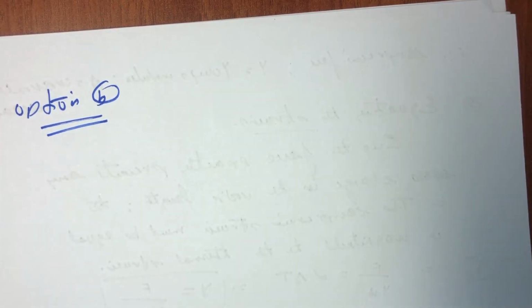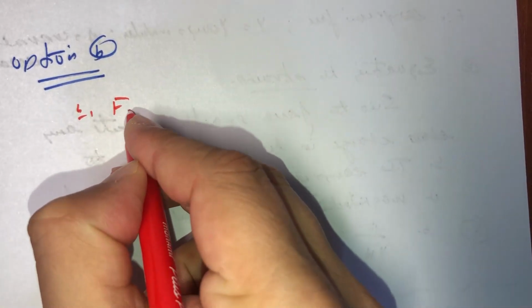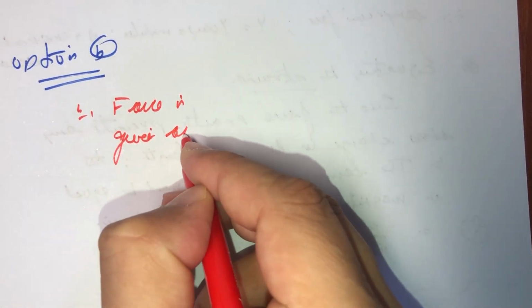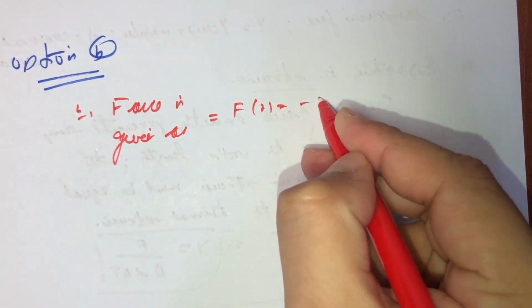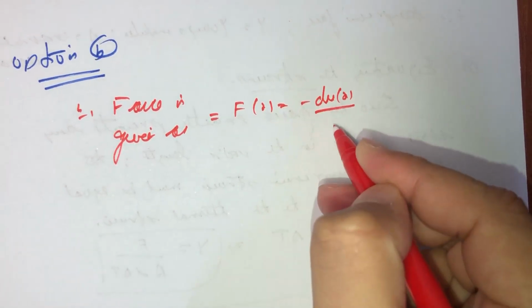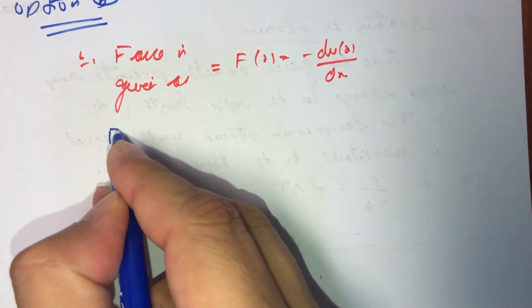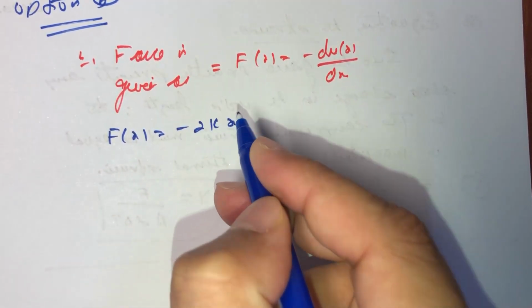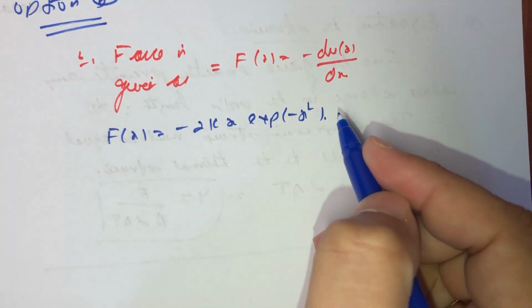Force is given as F of x equal to minus du upon dx. Therefore F of x is equal to minus 2kx exponential of minus x squared.